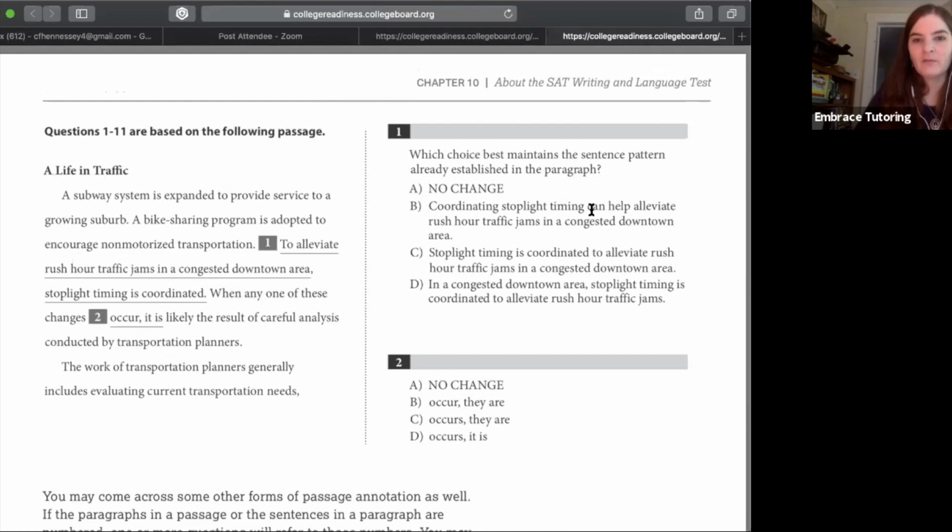At least they have one thing in common: the first response is typically no change, meaning whatever is listed in the actual text is the answer you'd be going with if you select A for no change.